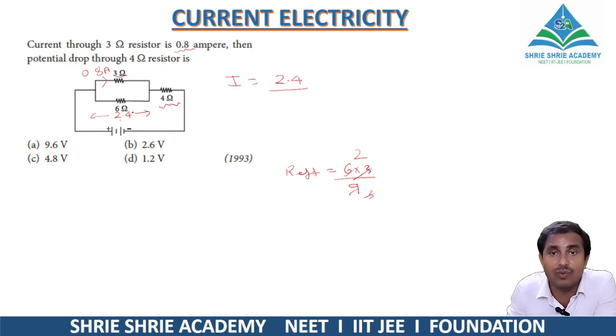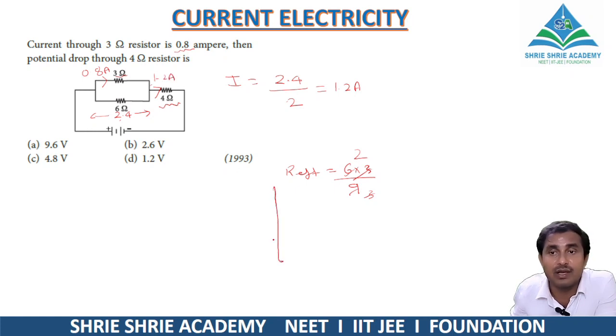Total voltage across it was 2.4, and total resistance is 2 ohm. So you actually get total current is 1.2 ampere.